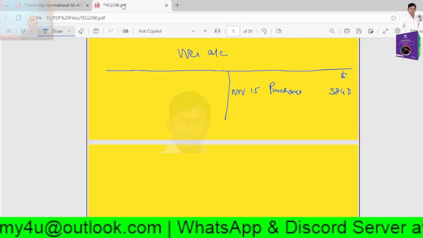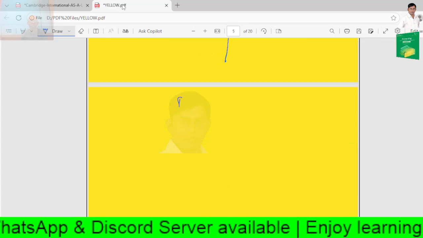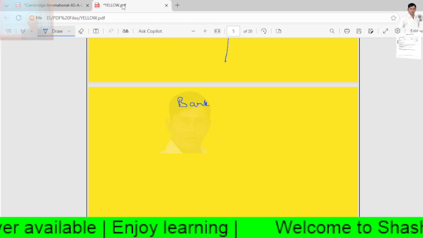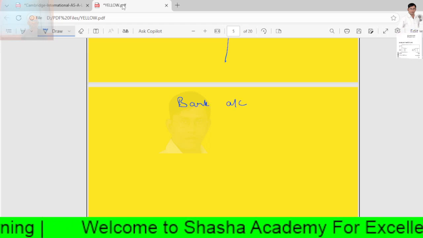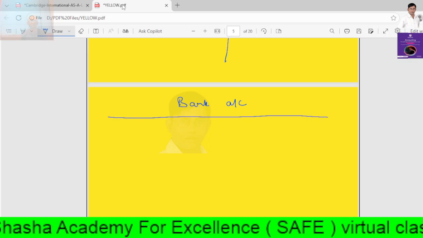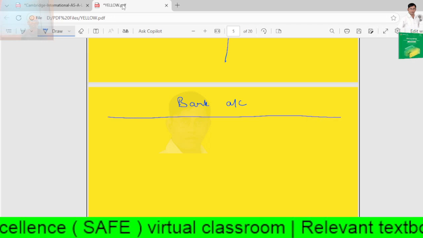So bank account. Assume that all entries are made in bank, or you can write cash account also.